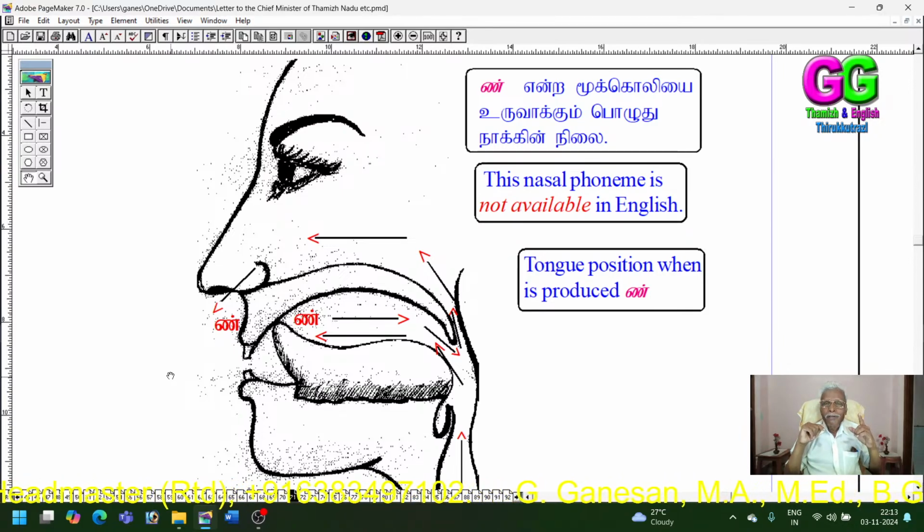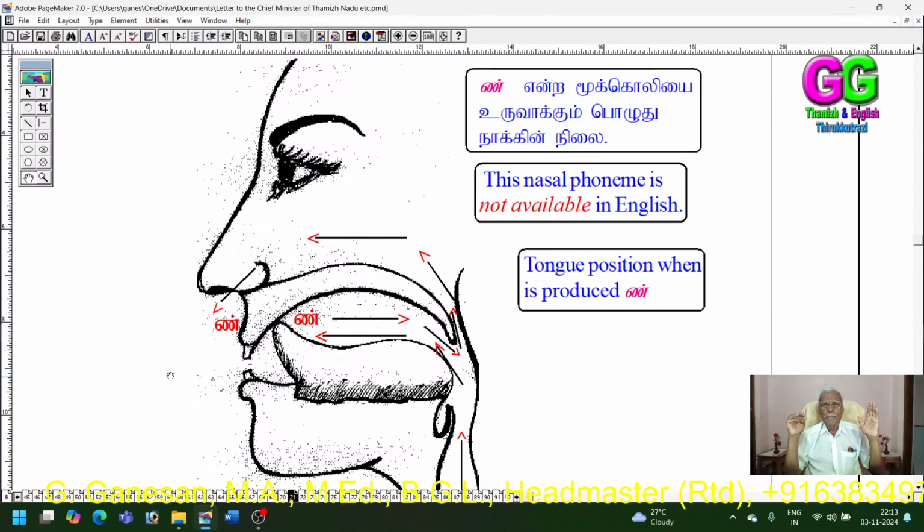Only one English nasal phoneme. Lastly, we are going to say, but the sixth nasal phoneme is not available in English. So we are using another phoneme. That phoneme is also in Tamil. That we are going to see later.